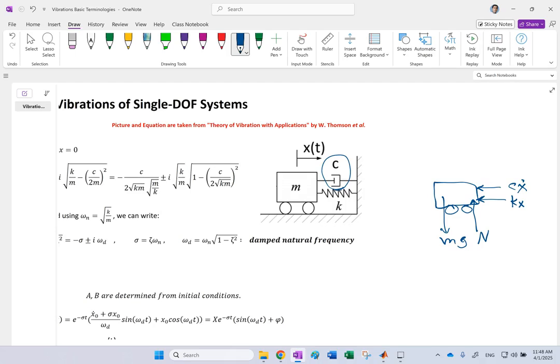This damper is similar to the shock absorbers that you have in the suspension system in your car, okay? Their force is almost linear, and that is when you have an object that is submerged entirely in a fluid.